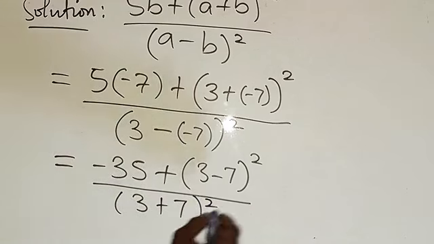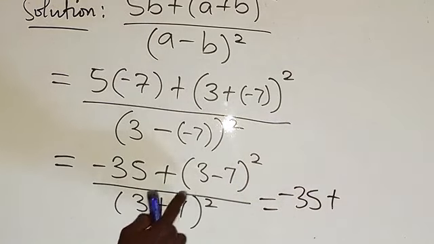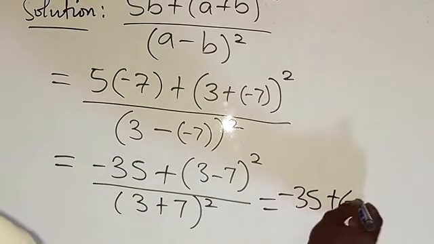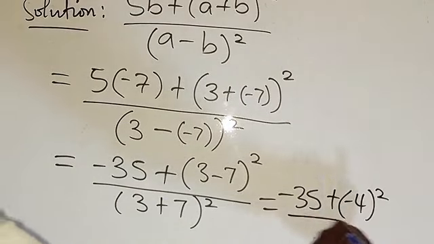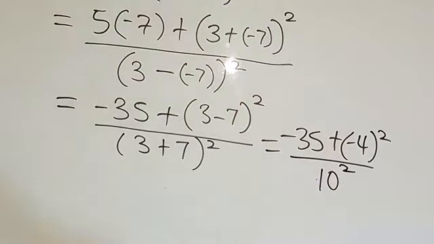So we have minus 35, then plus 3 minus 7 gives us minus 4. Minus 4 all squared, then divided by 3 plus 7, which gives 10 to the power of 2.